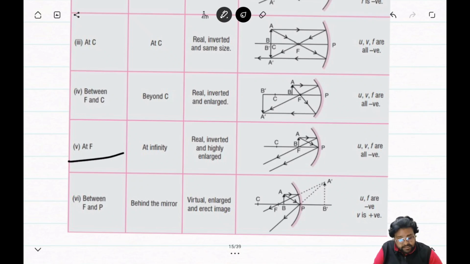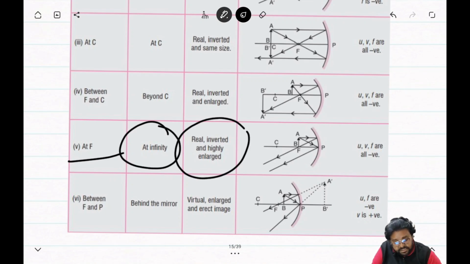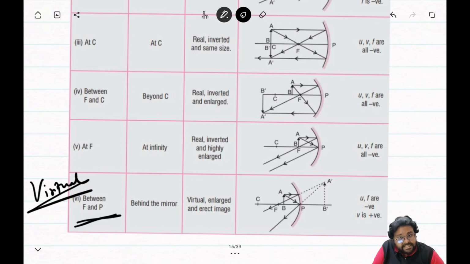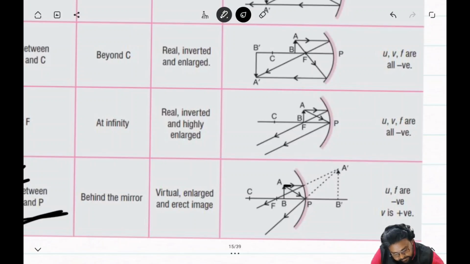When we keep the object at F, the image is formed at infinity, and the properties are real, inverted, and highly enlarged. And the sixth case, only this case will give a virtual image, and this is very important. When the object is kept between F and P, the first ray will go like this, the second ray will go like this, both the rays are diverging.